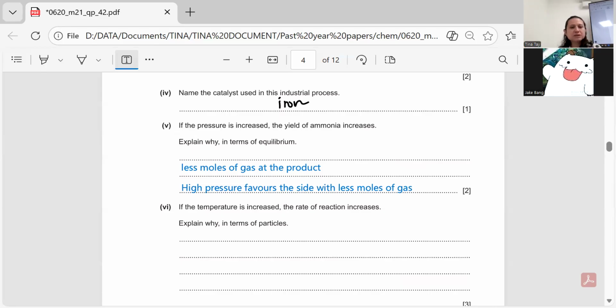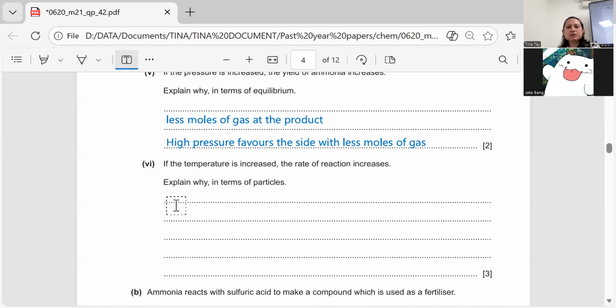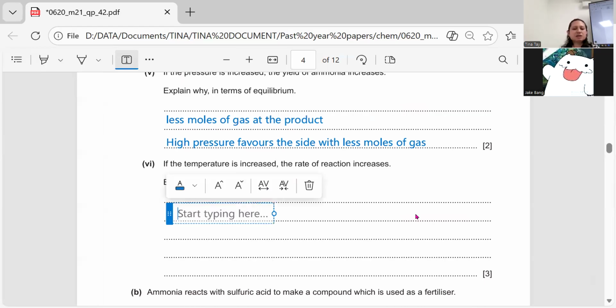Protein. In terms of temperature, if temperature increases the rate, right? This one we've done so many times, okay?